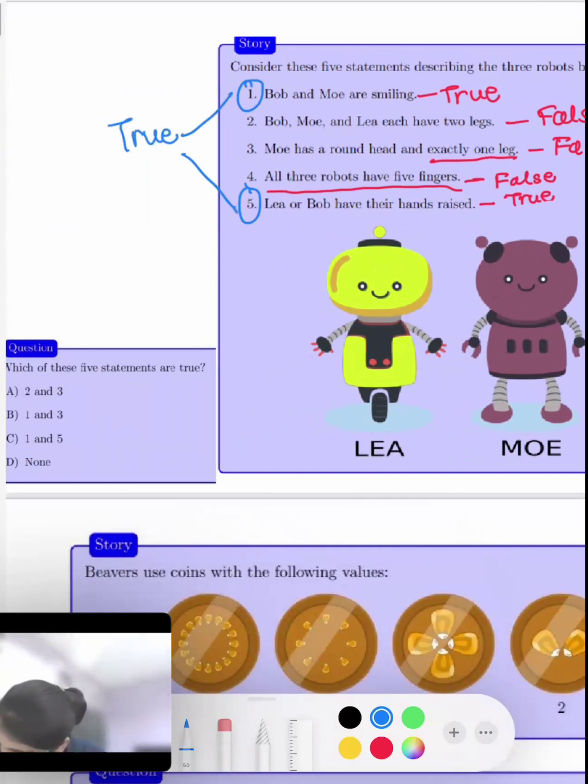So option A says 2 and 3, which is not right as these statements are false. 1 and 3, no, because 1 is true, but 3 is false. 1 and 5, yes, because 1 is true and 5 is true. Therefore, our answer is going to be option C.